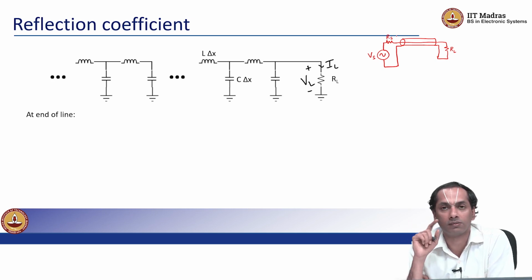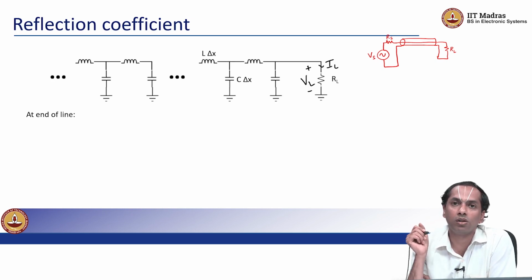It can be several feet long to maybe even meters long. So when I excite the voltage at the source, what does this transmission line do? How do these voltages and currents interact with loads at the opposite end of the transmission line?